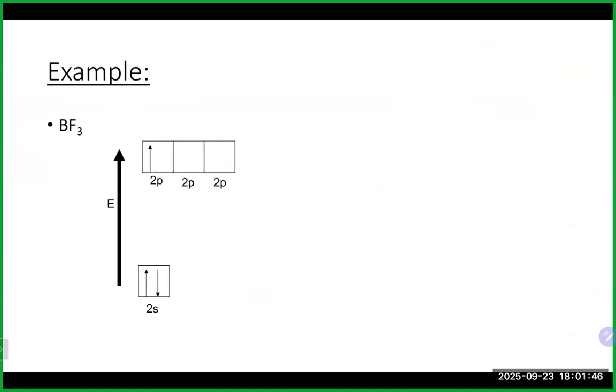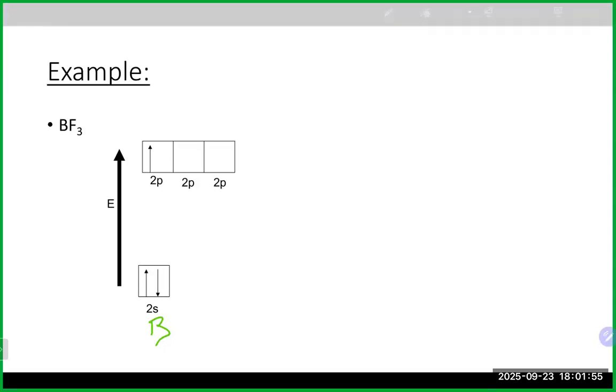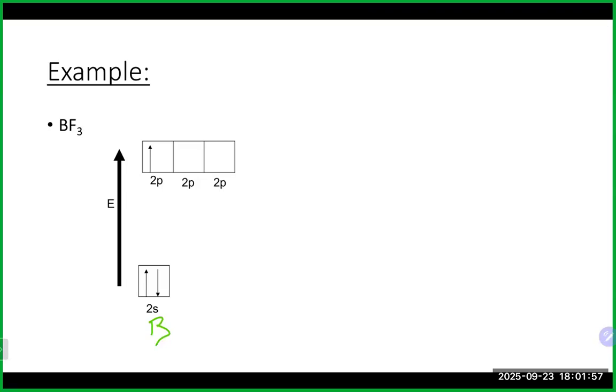So if we take a look at an example of this, boron trifluoride, also an exception to the octet rule. We are looking at boron's electrons here. And again, boron there is number 5, which is 1s2, 2s2, 2p1. And these are the 3 valence electrons that boron has.